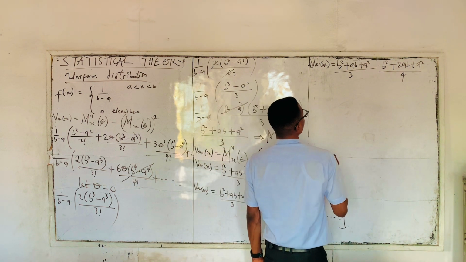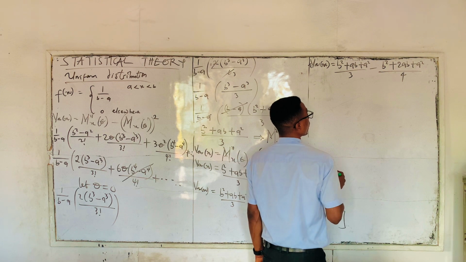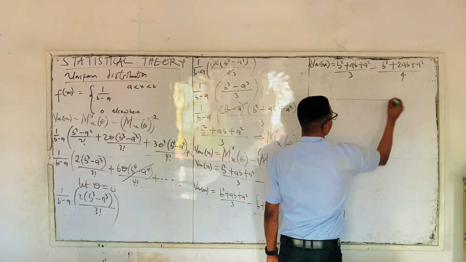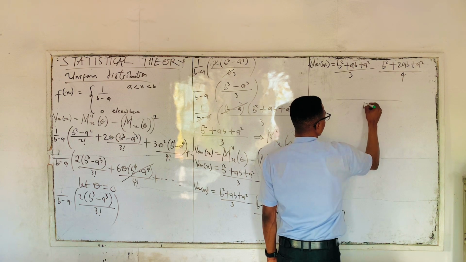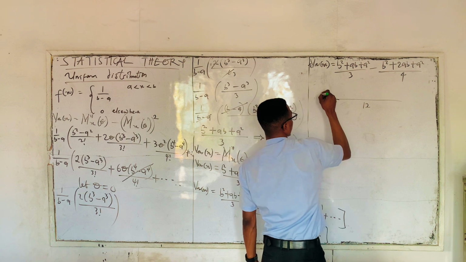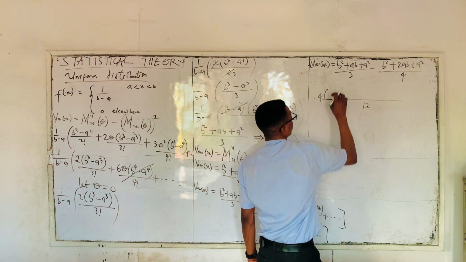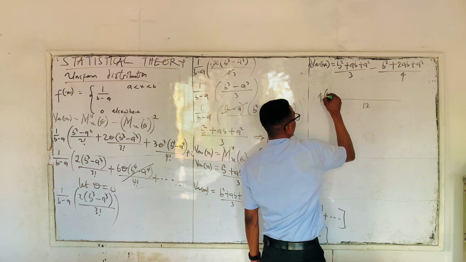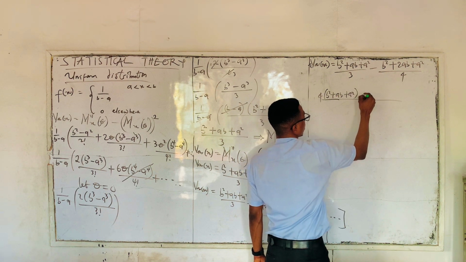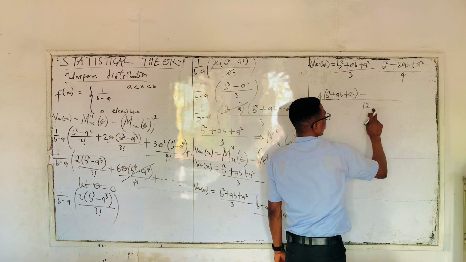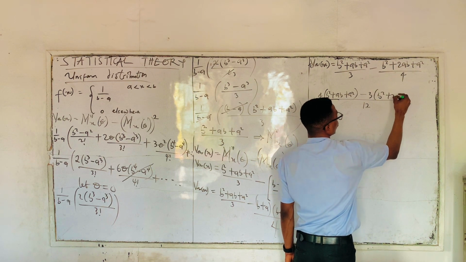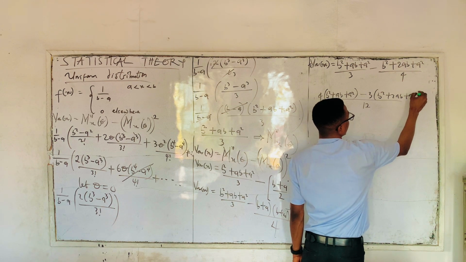Now, for us to proceed, we need to get the LCM, and the LCM of this is 12. So 3 in 12 is 4. 4 multiplies everything here. We have b squared plus ab plus a squared, minus 4 in 12, which is 3, into brackets b squared plus 2ab plus a squared.